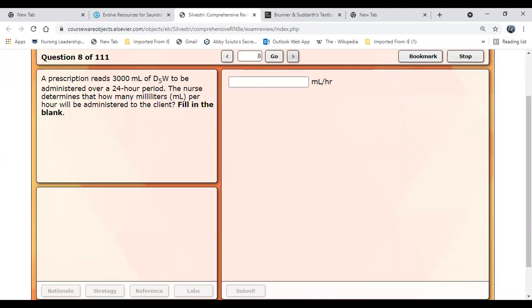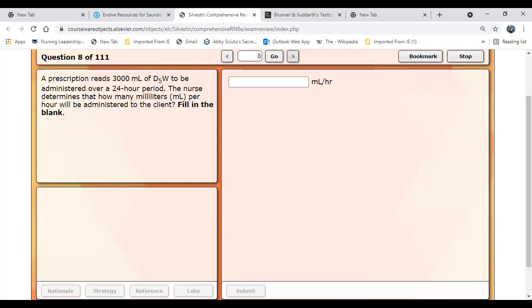Okay, here we go. Prescription reads 3,000 mLs of D5W to be administered over a 24-hour period. The nurse determines how many mLs per hour would be administered to the client. So what is our question asking us? How many mLs per hour will be administered to the client.